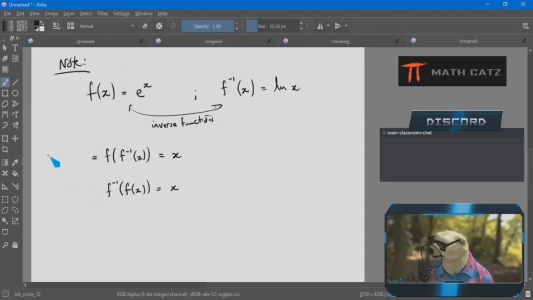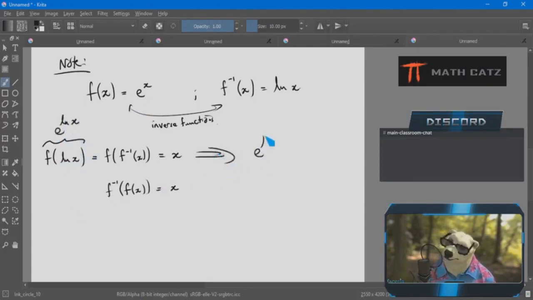So this one is going to be, I'll do a temporary version, f of natural log of x. F is e to the something, whatever the input is, it's e to that. Now the input is the natural log, so it's e to the natural log of x. So this guy is e to the natural log of x equals x.